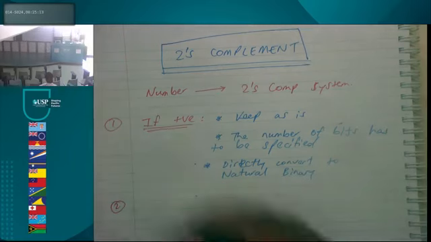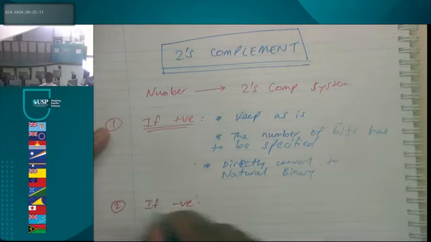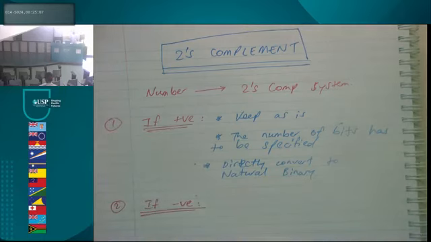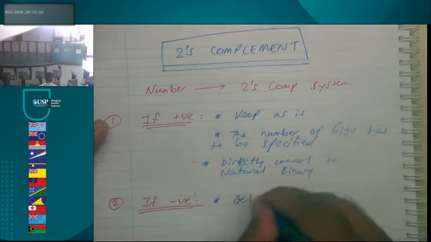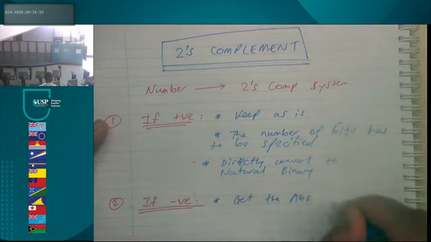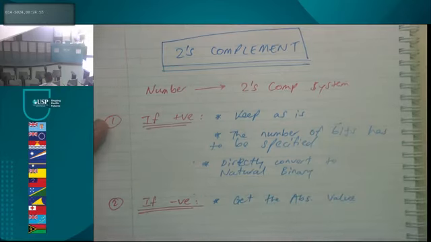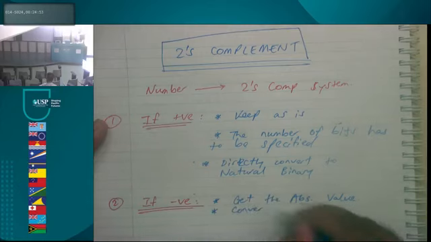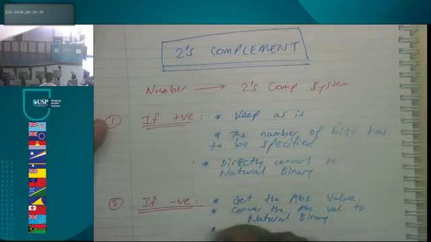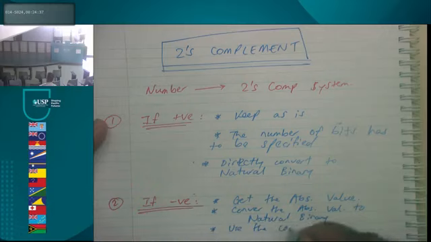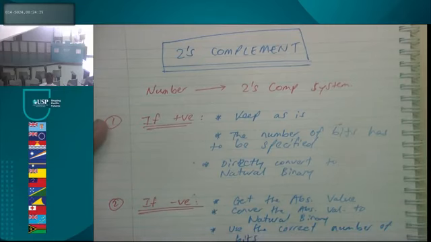Now, if it is negative, the steps: we write out the absolute value, convert the absolute value to natural binary, using the correct number of bits.